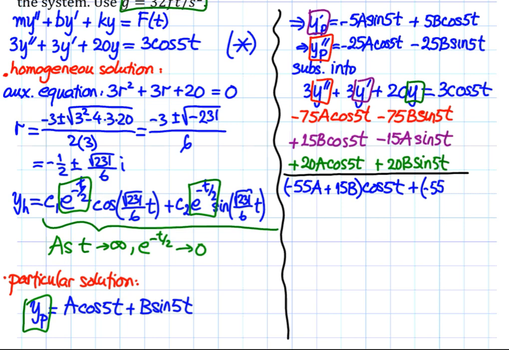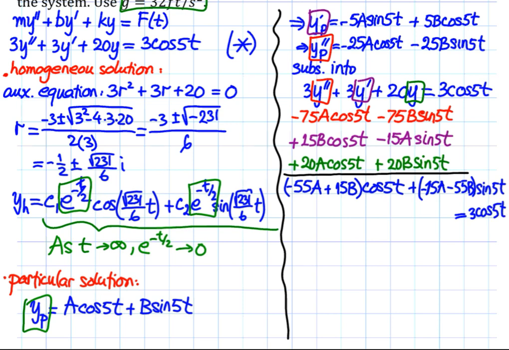I should put a and b in alphabetical order so the equation will be easier to solve. This will be equal to 3 cosine of 5t.